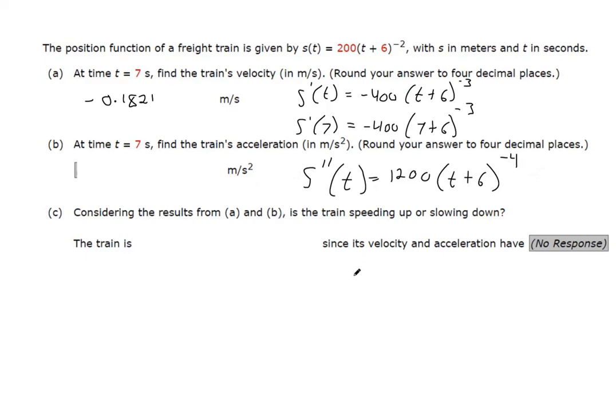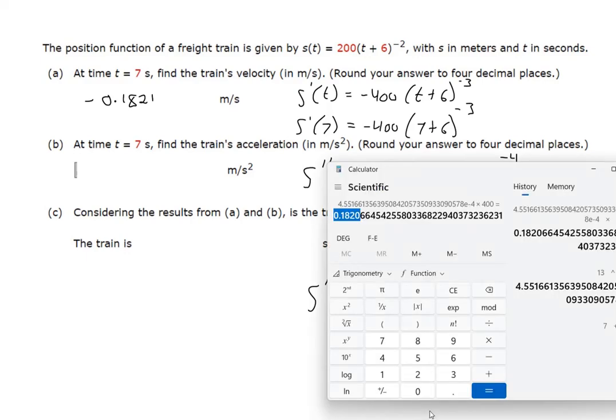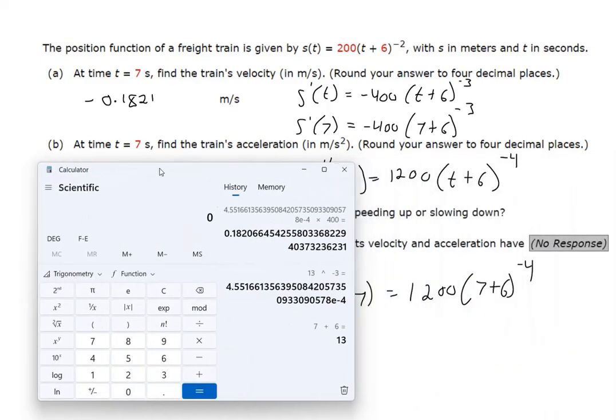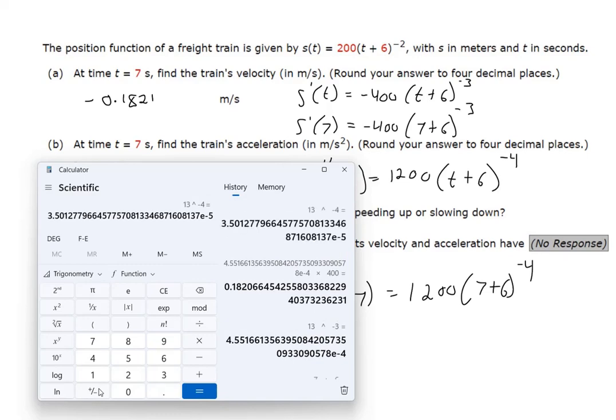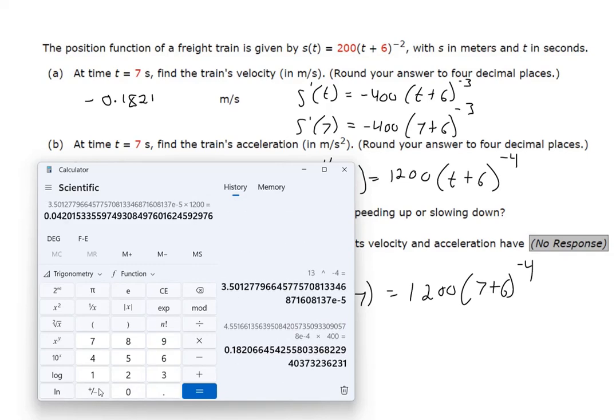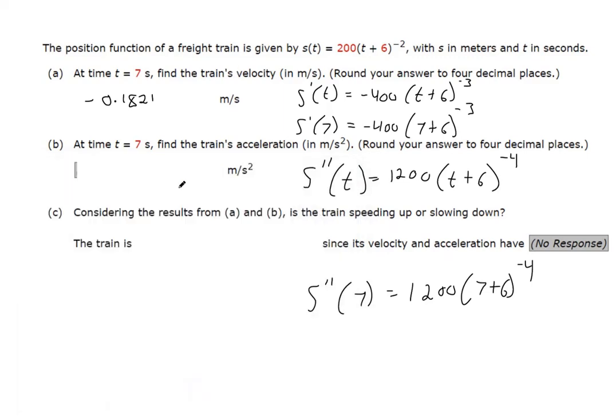And then to find the acceleration at t equals 7, we just plug 7 into our acceleration. So I'm doing 13 to the -4th power, and then multiply that by positive 1,200. So 4 decimal places, 0.0420 would be my answer here.